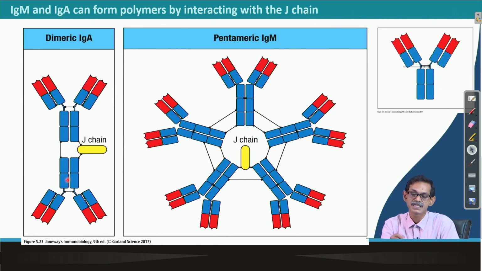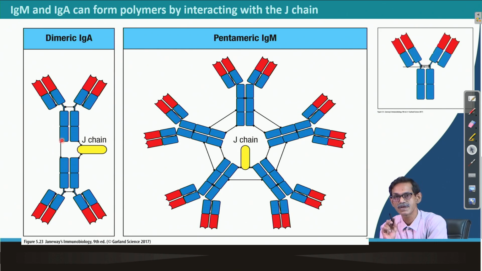Similarly, IgA remains as a dimer, with the same J chain and disulfide bond. IgA remains as a dimer and IgM remains as a pentamer. Okay. So, I am repeating again, IgM as pentamer, IgA as dimer.